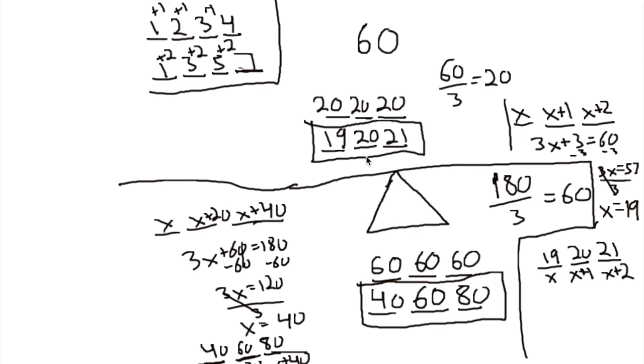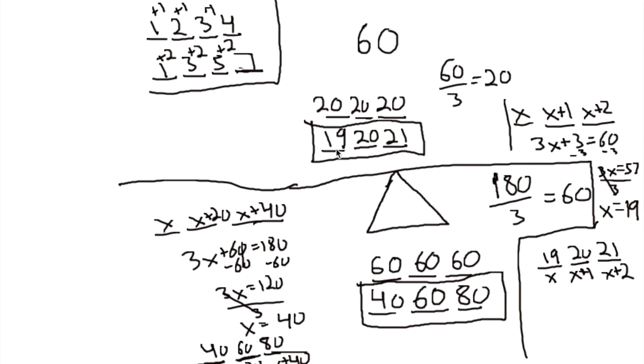They add up to 60, just like 20, 20, and 20 add up to 60. All I've done is take a 1 from this 20 and move it over to this 20. I subtracted 1 from the 20 here, which got me 19, and I added that 1 over here to this 20 to get 21.